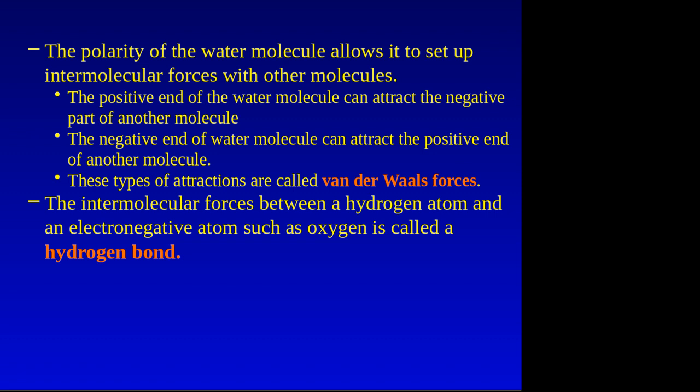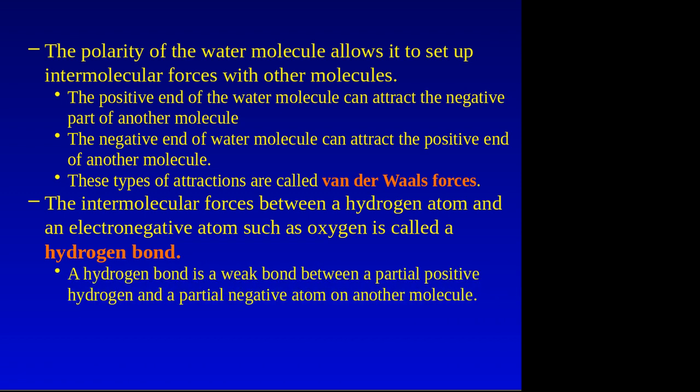Now, inside the water molecule, the hydrogen atom and the oxygen atom have what is called a hydrogen bond. That bond is fairly strong compared to, well, how do I want to say it? Hydrogen bonding is a weak bond between a partial positive hydrogen and a partial negative.